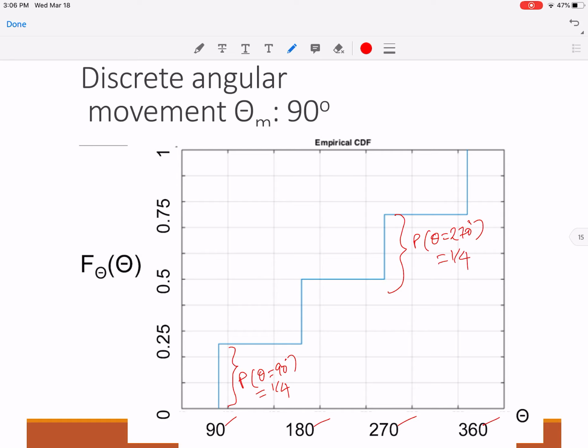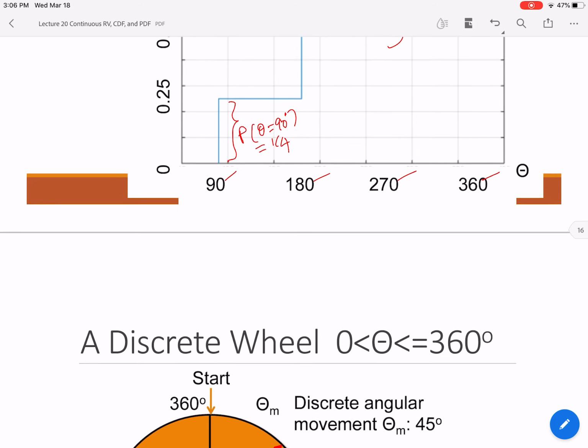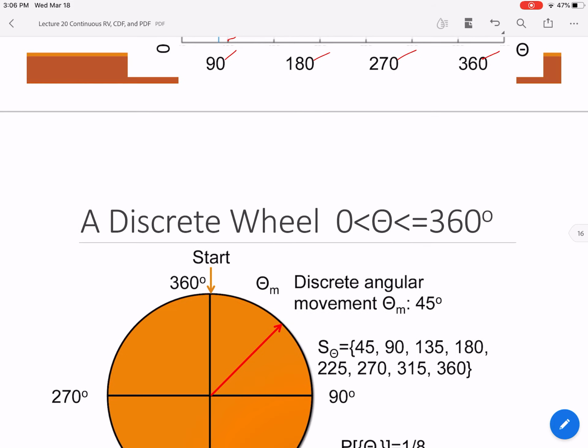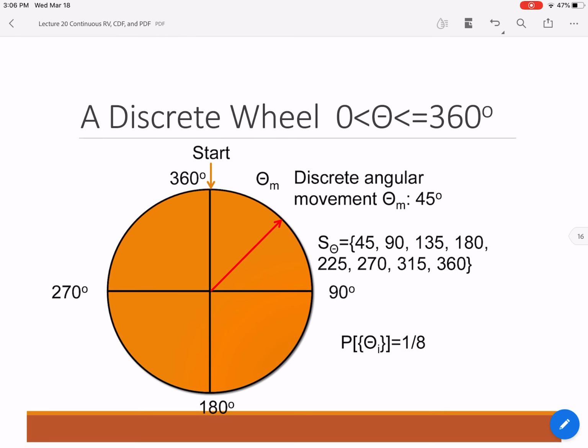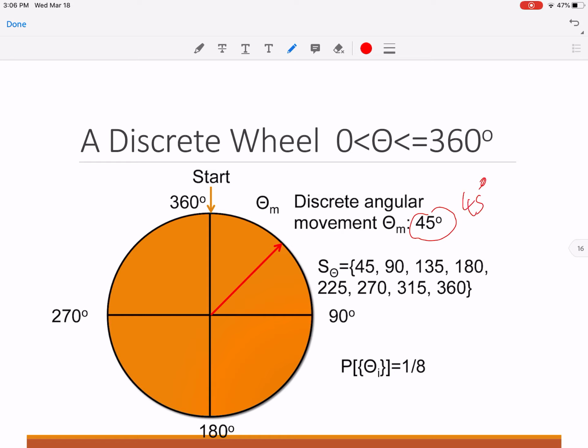Let's further develop this problem, and let's say that now my pointer can stop at some more additional angles. Specifically, let's say that now my pointer is constrained to stop at an angle that is a multiple of 45 degrees, but it is going to be less than 360 degrees.